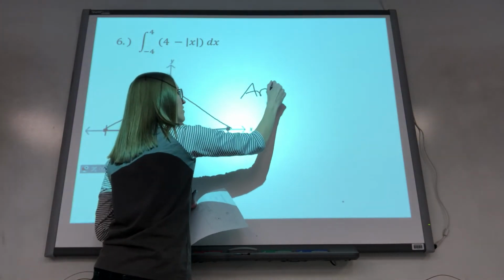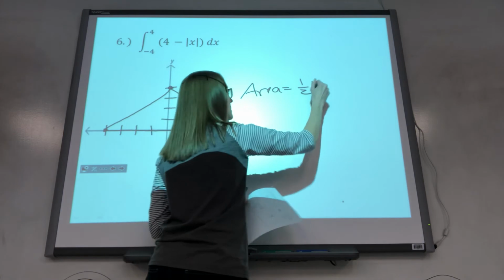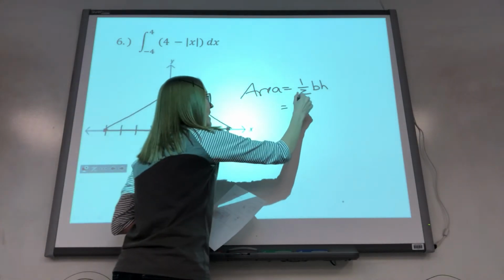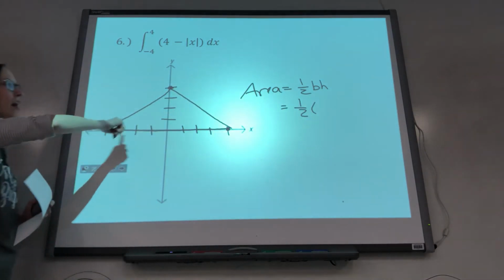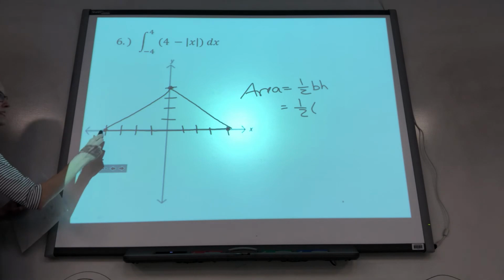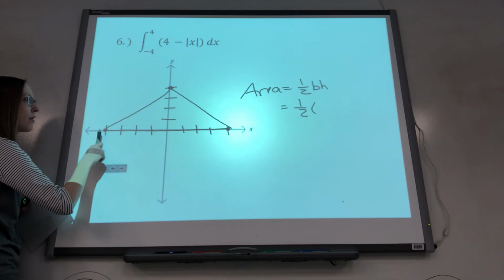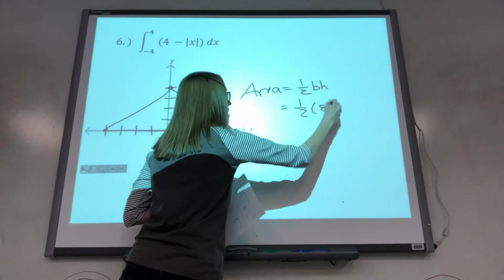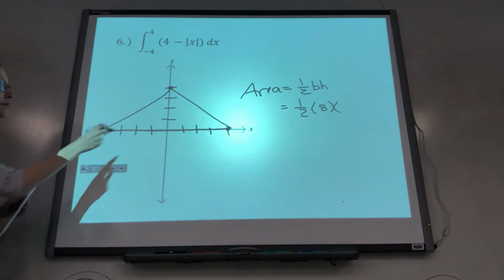So area for this, you could actually just do 1/2 base times height on that whole thing. 1/2 is there. Now the base, I'm gonna say, is the bottom part. So that should be 8 units on bottom. 1/2 base times height.